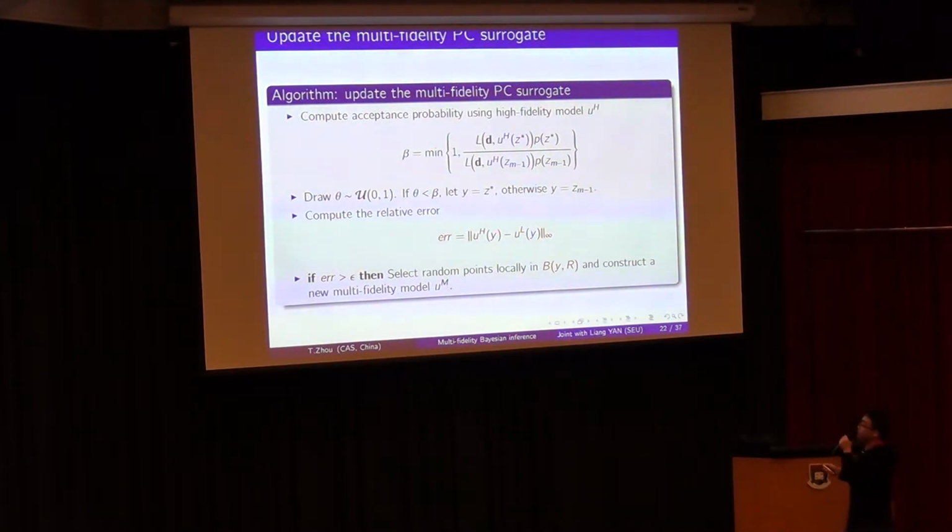If the error is big, then we can sample locally around these points, and build a correction term and add this term to the surrogate model to compute a new surrogate model, and then proceed with this MCMC, and then again do an iteration.